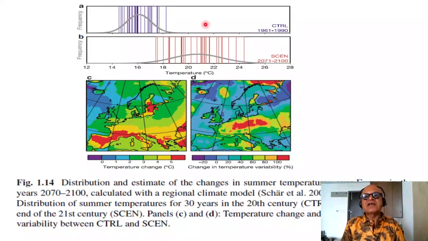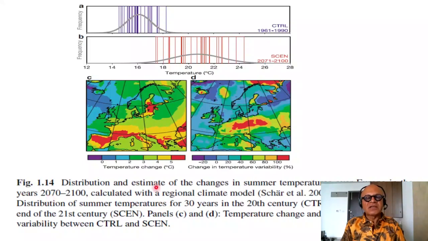And you can see that the control experiment shows, so here A and B are distribution of summer temperatures for 30 years in the 20th and 30 years in the end of the 21st century. C and D are temperature change and change in temperature variability between the control simulation and the scenario simulation. So future is always done with scenarios of emission and so on, which we'll come to in a minute.